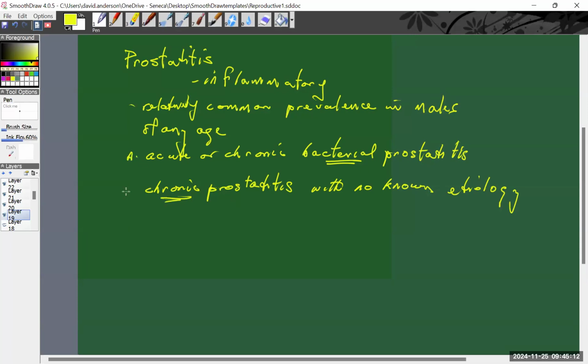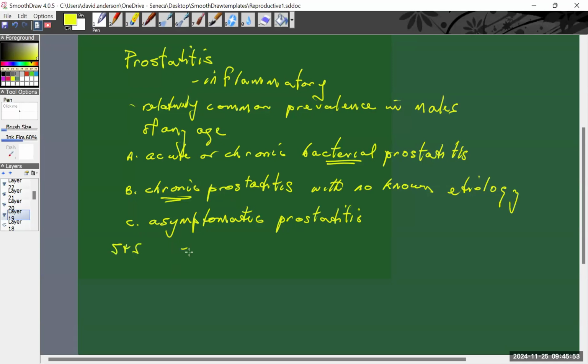So we have this type of presentation, and we can talk about an asymptomatic prostatitis, and that's just like it sounds. This is a prostatitis that does not cause symptoms, but is going to nonetheless affect functions of the prostate gland. So when we look at the symptoms of prostatitis, they're going to overlap significantly with BPH.